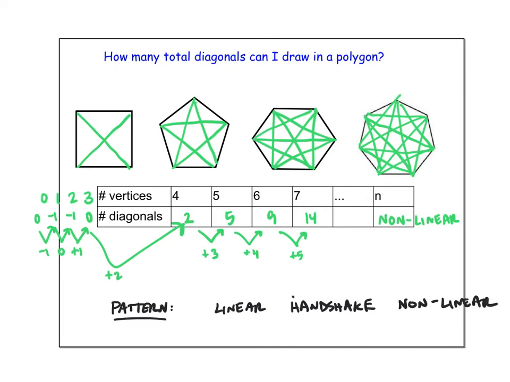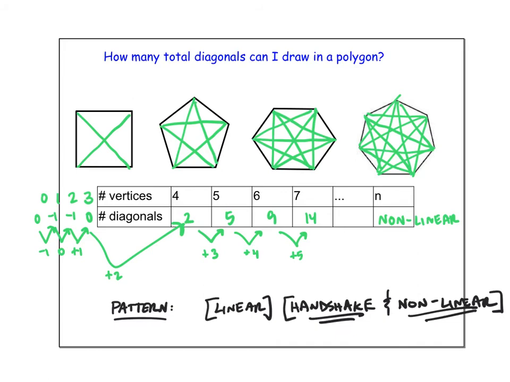Now, handshake and non-linear are part of the same family. Handshake is just a special example of non-linear. And linear, of course, kind of lives in its own world where its common difference is the same in all cases. Okay, so handshake is a special formula, but it is a non-linear formula.